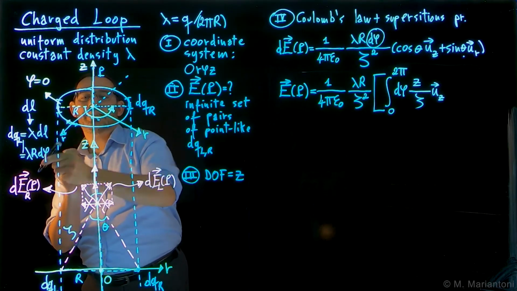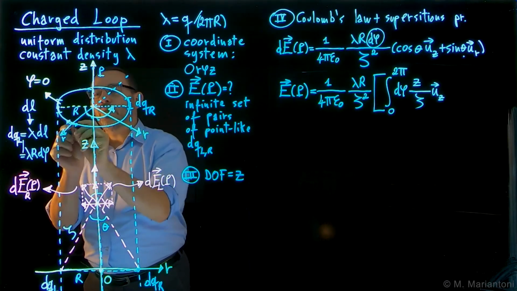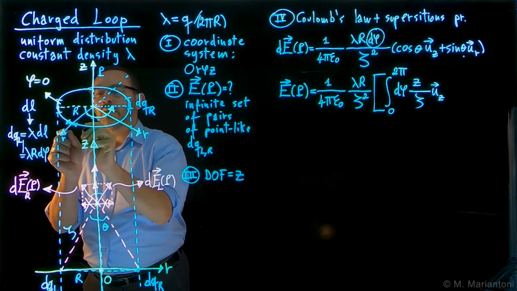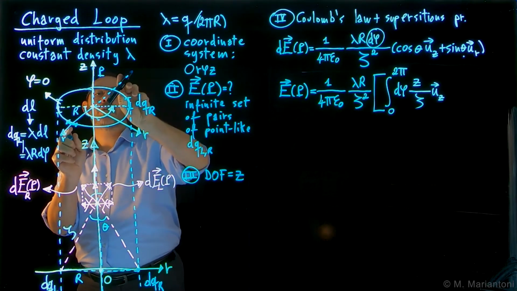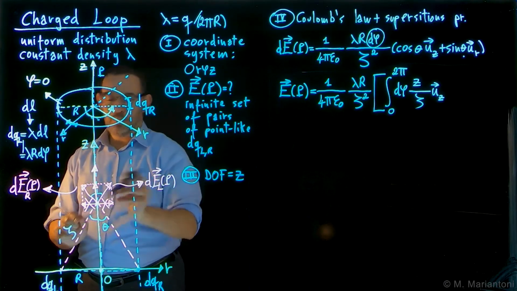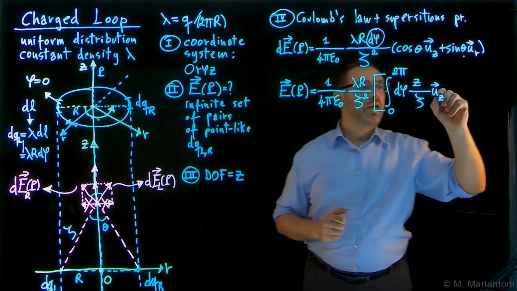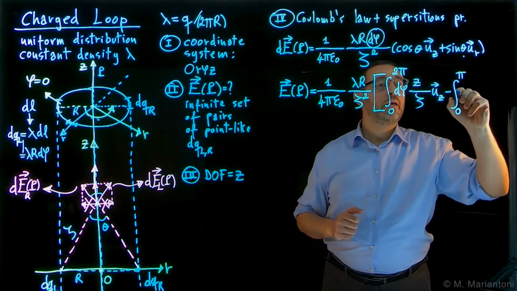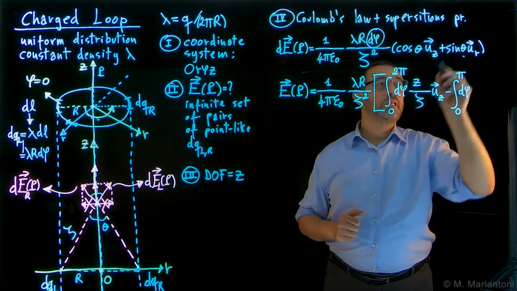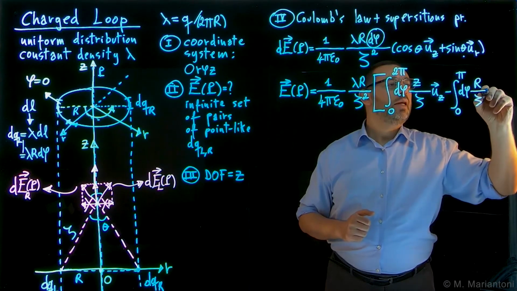So if something points in this direction it is positive from 0 to pi, and in this direction it is negative. So all these charge elements from 0 to pi here, they will generate a field which is obviously pointing in the opposite direction with respect to r from 0 to pi. So this will be negative. So we're going to have a minus integral from 0 to pi in d bar phi of the sine of theta, which is capital R divided by z times ur.